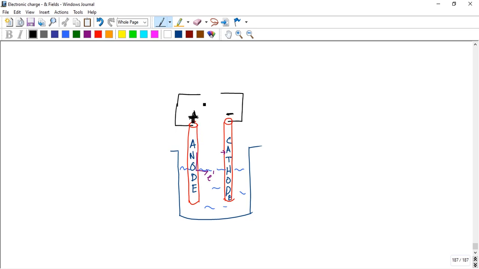Okay, now connect a resistor, a load. Here is the connected load.